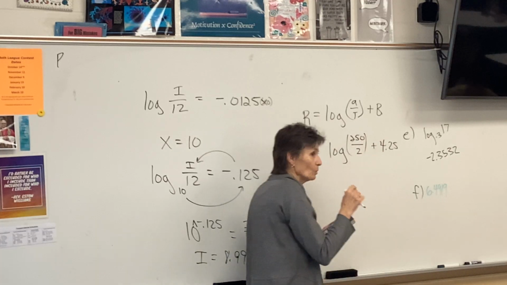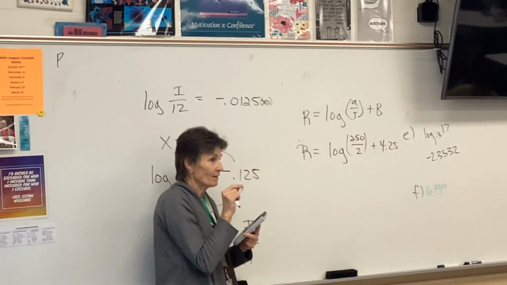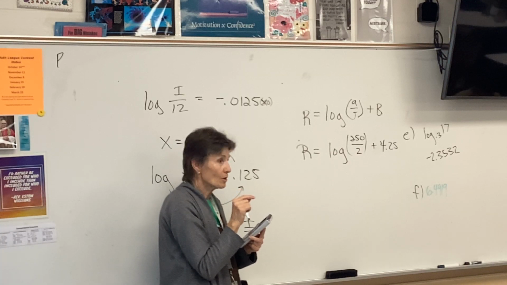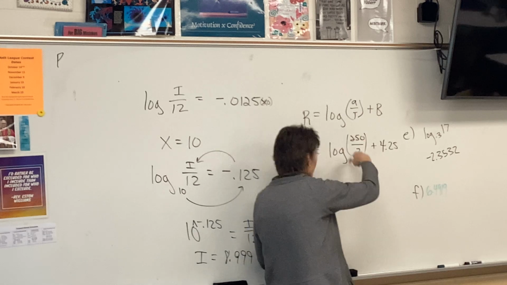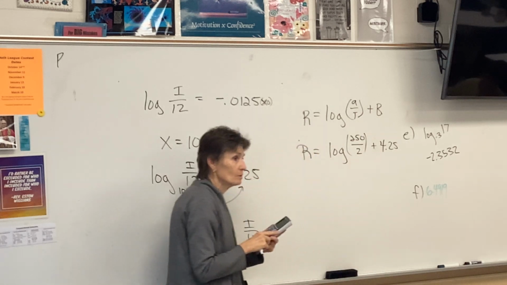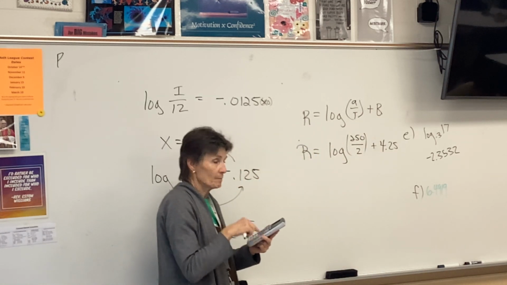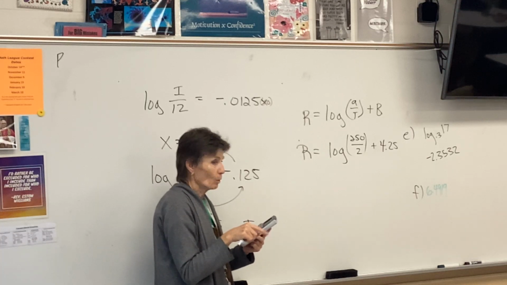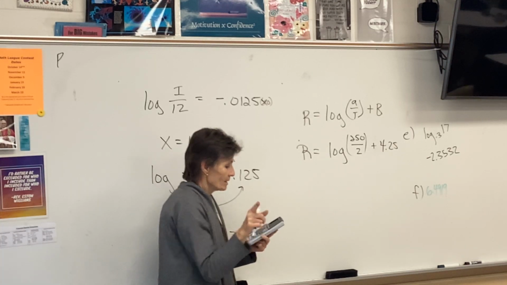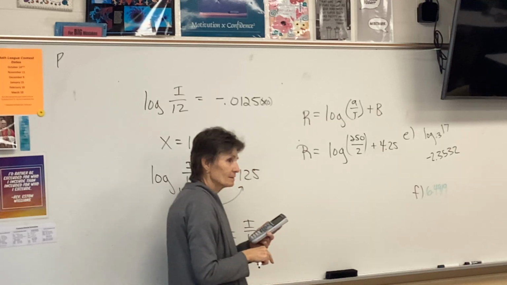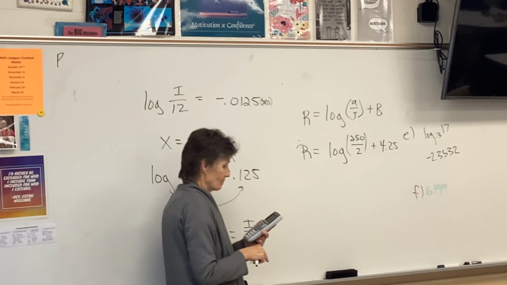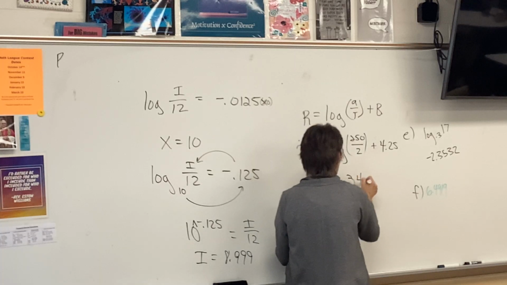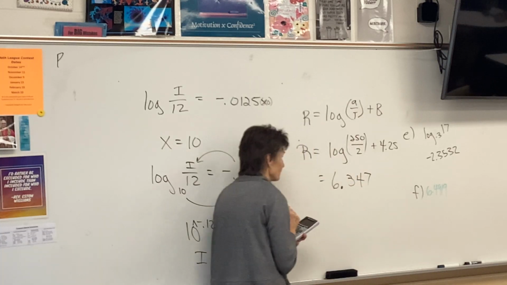So log 250 divided by 2. Do we do log 250 divided by log 2? No, it's the log of 250 divided by 2, and then plus 4.25. What did you get now? 6.3. There we go. 6.347 basically.